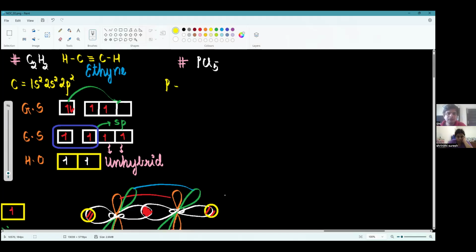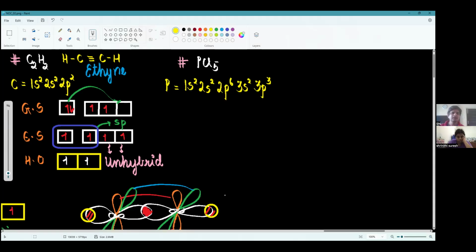Phosphorus atomic number is 15. So its ground state configuration becomes 1s2, 2s2, 2p6, 3s2, and 3p3. So what will be the valence shell over here?